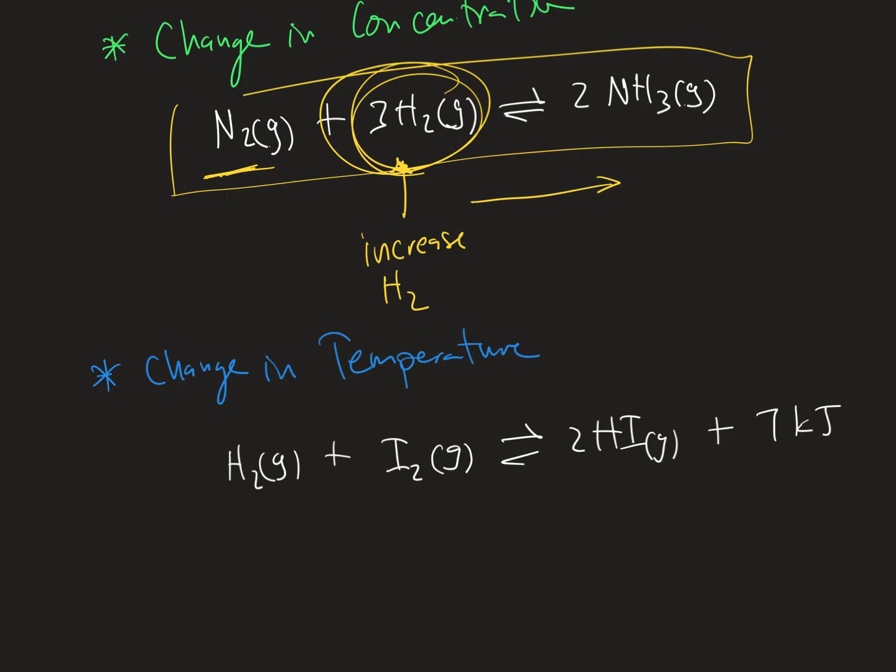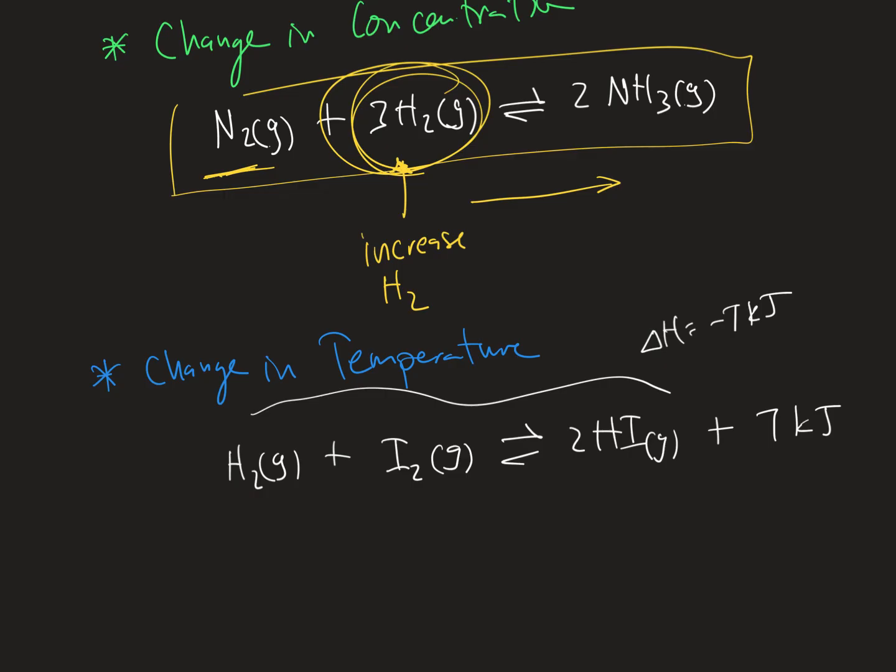Is this exothermic or endothermic? What is it? Exothermic, because heat is being released, right? We get it as a product. So it can either tell it like this, or it might give us that equation and say delta H is equal to negative 7 kilojoules. You with me?